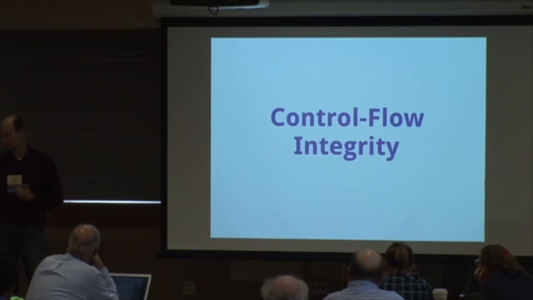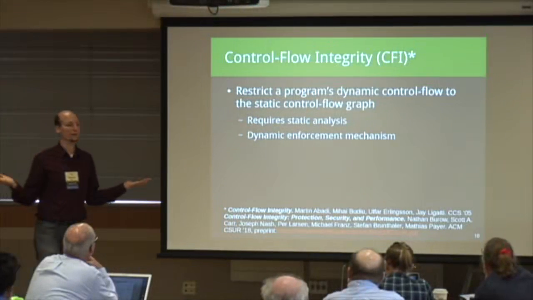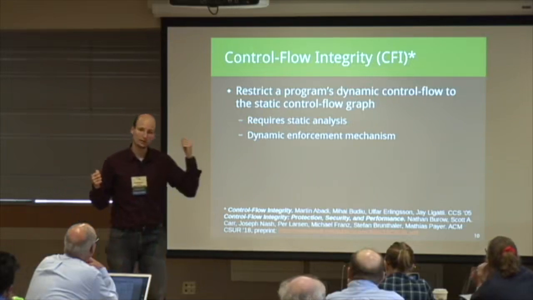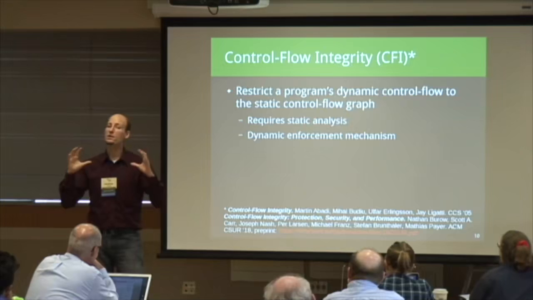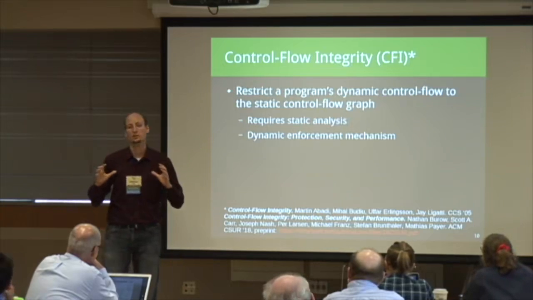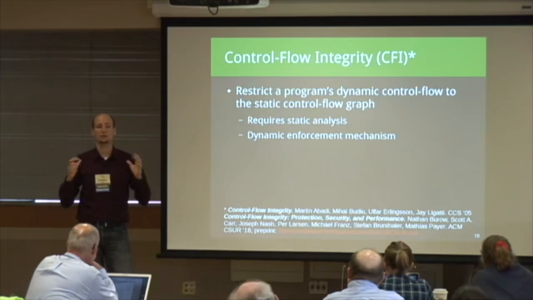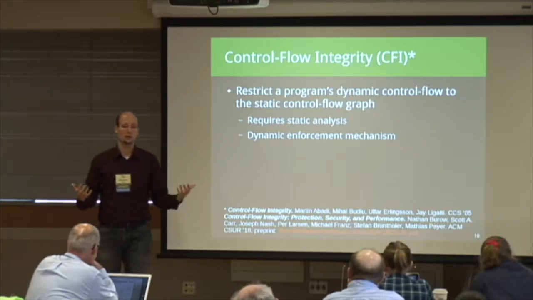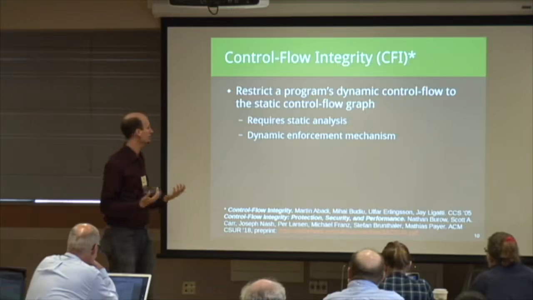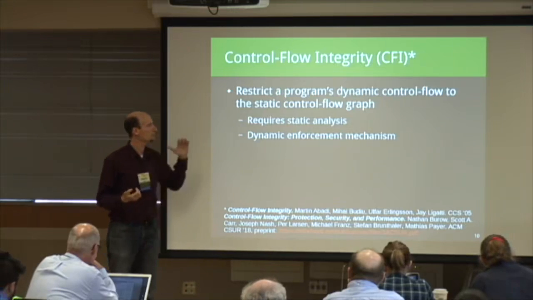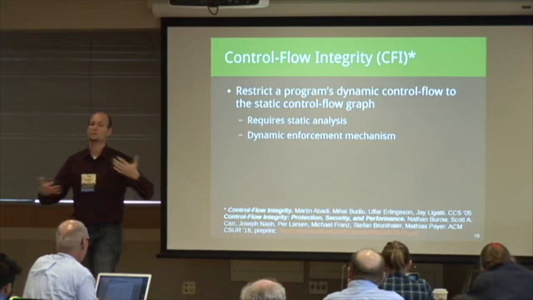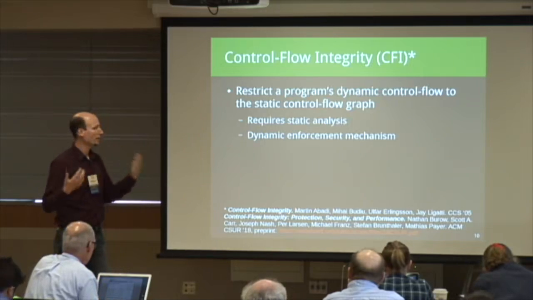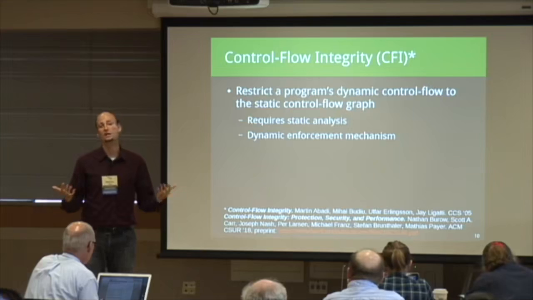For the others that didn't raise their hand, you might ask, what is control flow integrity? So control flow integrity tries to precisely limit the control flow of your application to the set of control flows that are well known and can be statically determined. So you restrict the program's dynamic control flow, so it can be executed at runtime, to whatever is intended by the programmer.